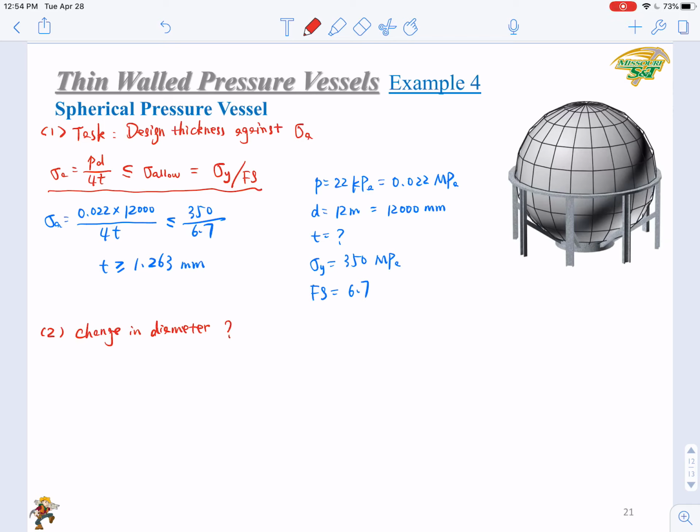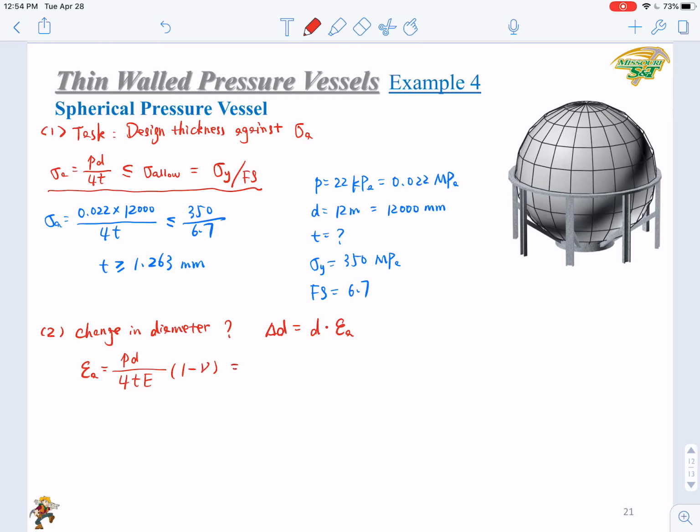Here the delta D can be calculated from D times epsilon A. So we just need to calculate epsilon A. Epsilon A equals PD over 4TE times 1 minus Poisson ratio.